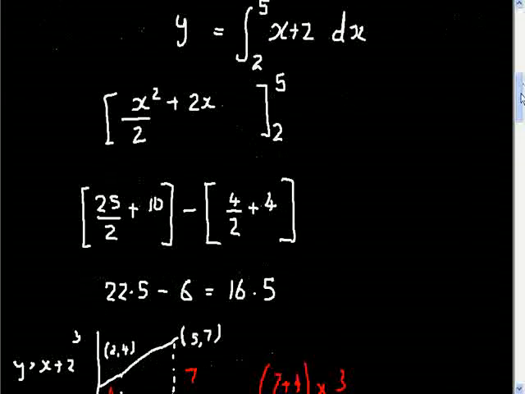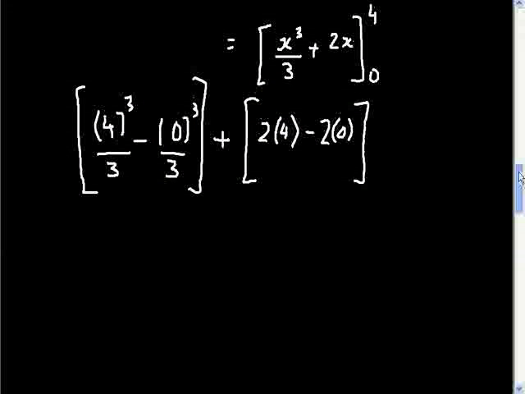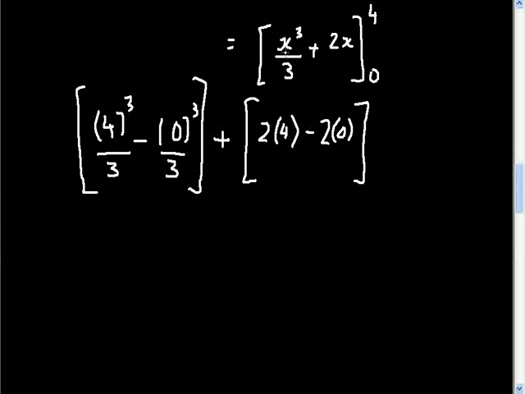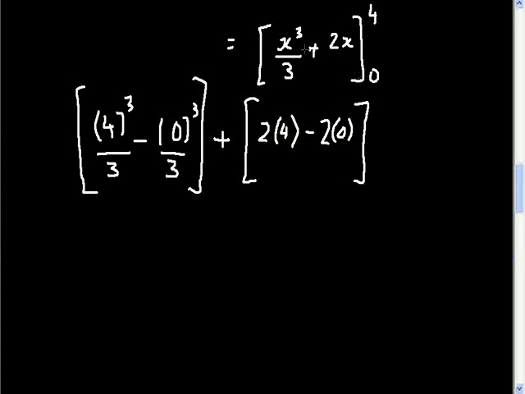Okay, whereas here what I'm doing is I'm substituting the one value for one particular x term, and then I'm substituting the other value for that particular x term, and then I'm working out the difference, and then I'm adding the results for each one. Okay, after substituting both values in. So really, it's really up to you how you'd want to do it. I personally like this method, and I think most people follow this method. Okay, but you could do it the other way as well.